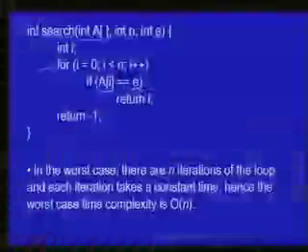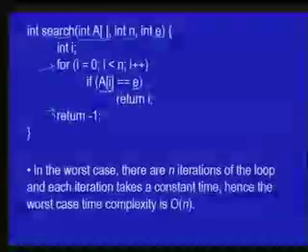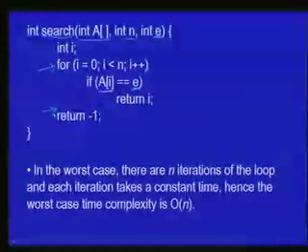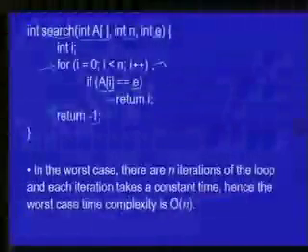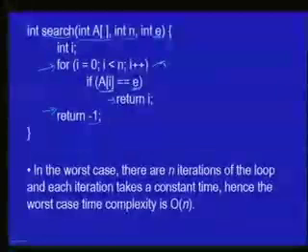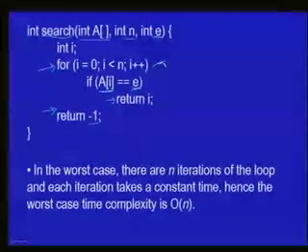And if this loop finishes, that is we come out of the loop, that means that this return statement never executed, and that happened because we never found a match, and so therefore we return -1 to indicate that the element E is not in the array. So you can see that in the worst case there will be n iterations of this for loop, and each iteration takes a constant time, and therefore clearly the worst case time complexity of the algorithm is order n.